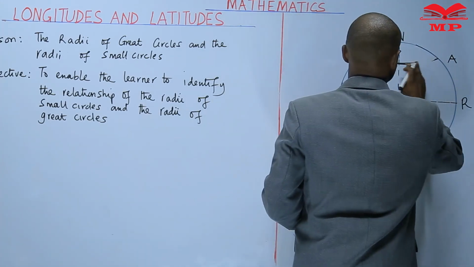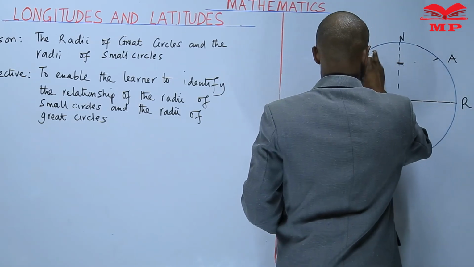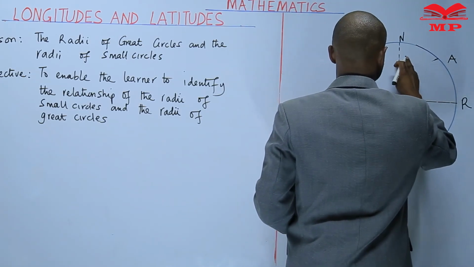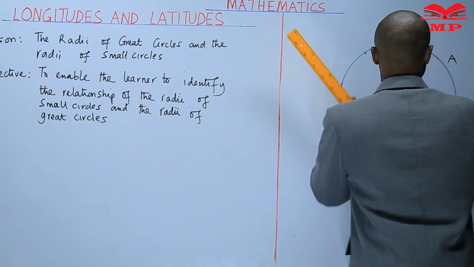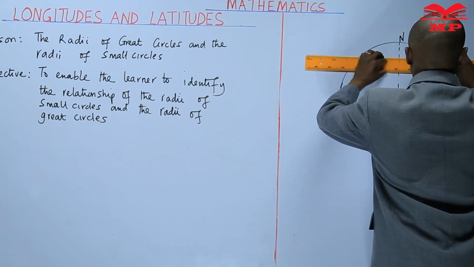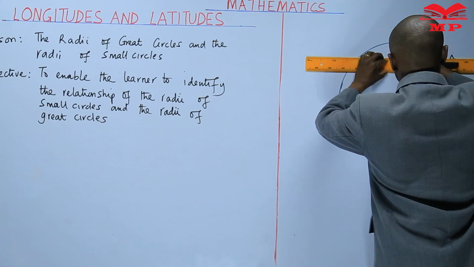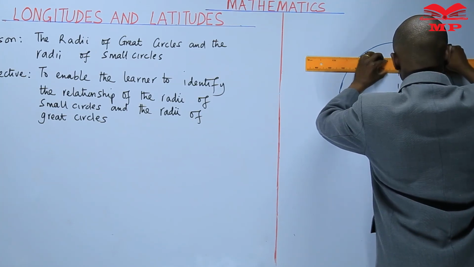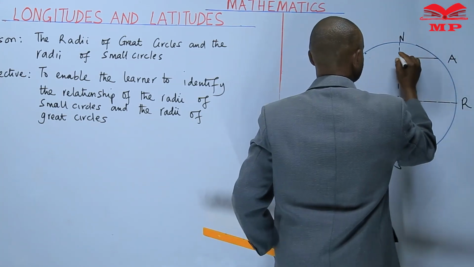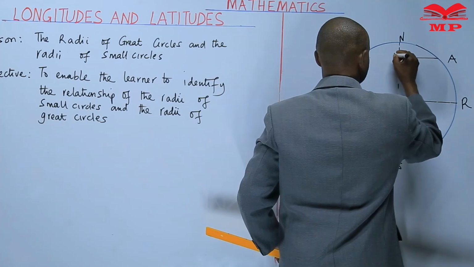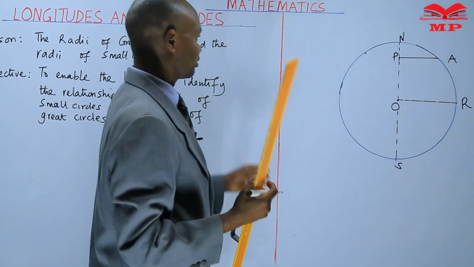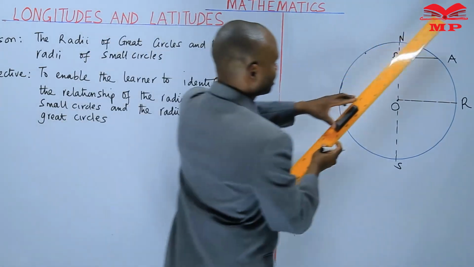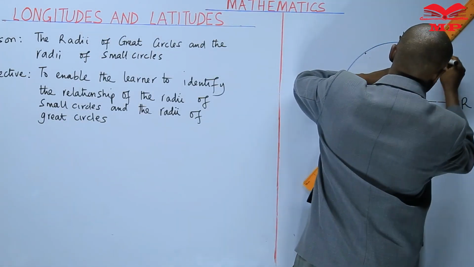So this might confuse us. If we are looking at a plane, we'll be forced to draw a straight line. We shall use a plane so that we understand it. That's P.